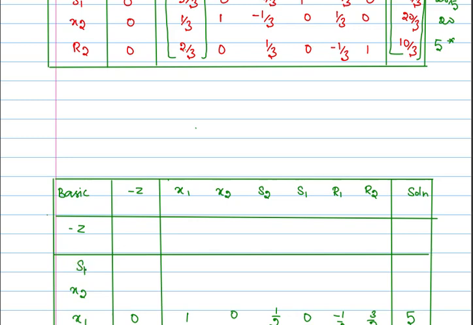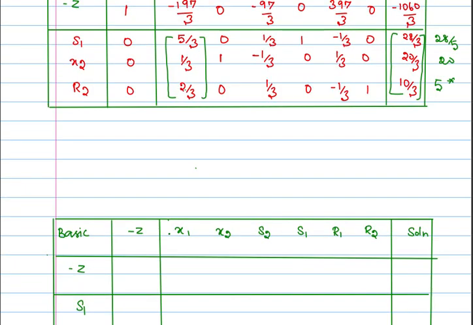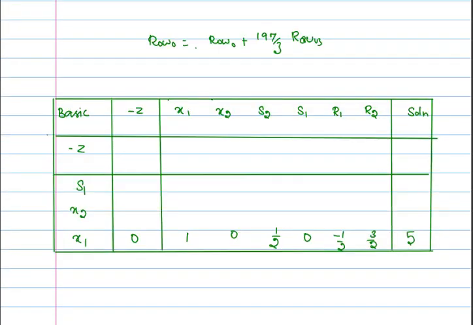So first I want to make the zeroth row 0. Row 0 equal to row 0 plus 197 divided by 3 of row 3. So row 3 is first divided by 3 by 2.